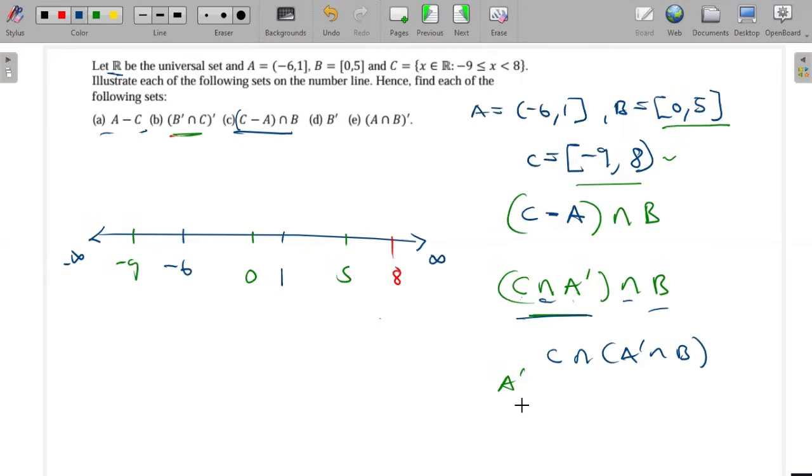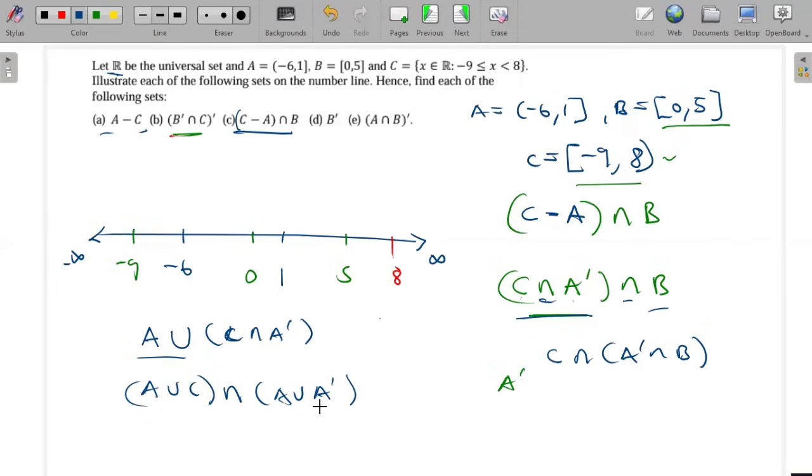It's associative. So distribution is going to work when you have a union somewhere. That's when you can distribute it. For example, if you have A union C, and then intersection A complement, distribution would be A union C, intersection, A union A complement.